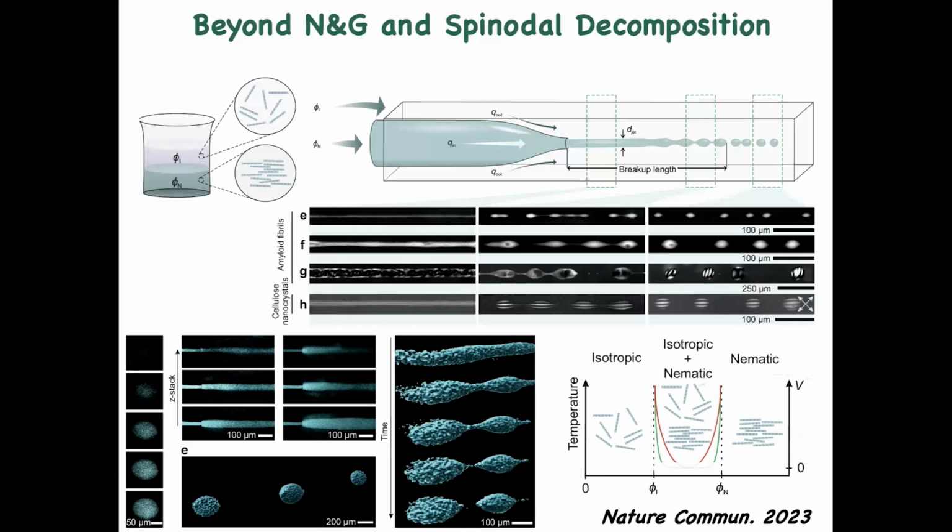Wherever you are in between, the system will evolve to this one and this one, which is what you see here. But now we know, I showed you before, versus time, the binodal lines and the spinodal slope. Okay?